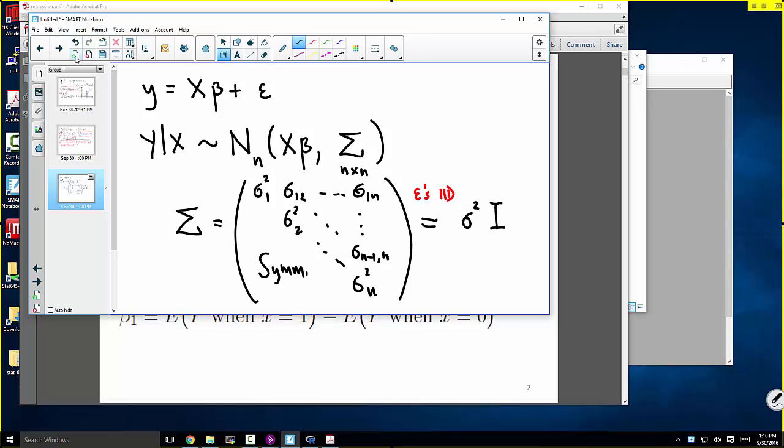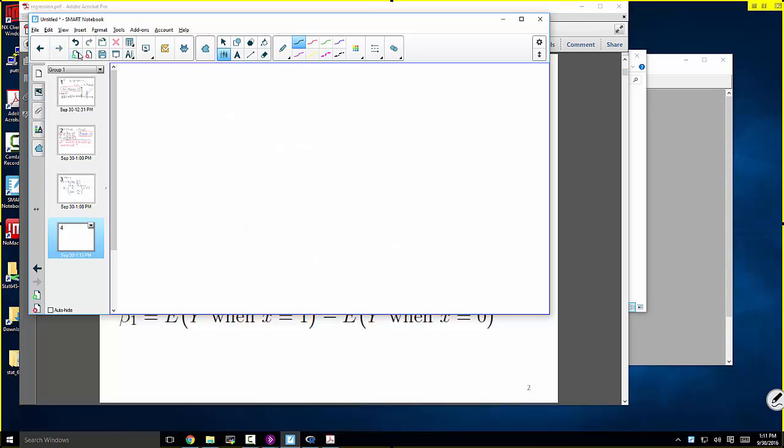The identity matrix is 1s down the diagonal and 0s everywhere else. So that would look like sigma squared, dot, dot, dot, sigma squared, and 0s everywhere else.